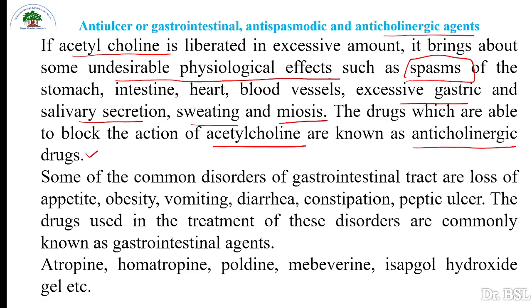Some of the common disorders of the gastrointestinal tract are loss of appetite, obesity, vomiting, diarrhea, constipation, peptic ulcer. The drugs used in the treatment of these disorders are commonly known as gastrointestinal agents.